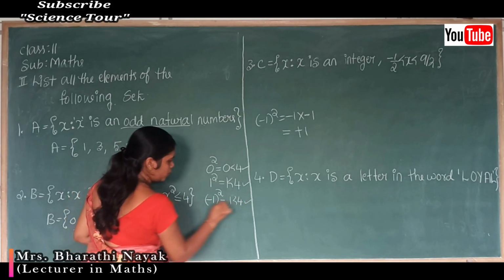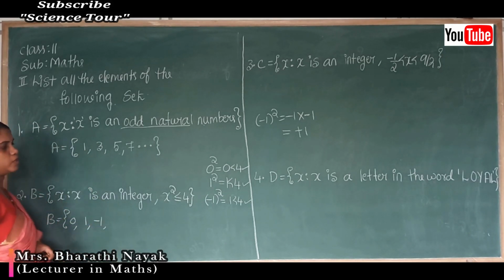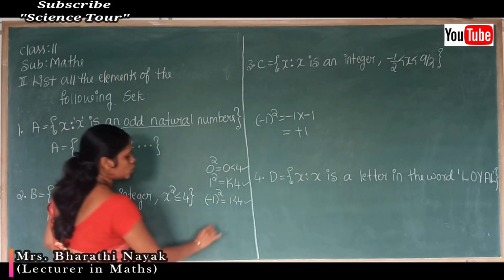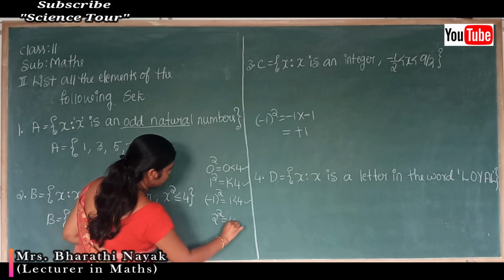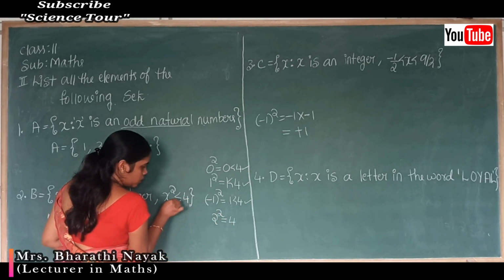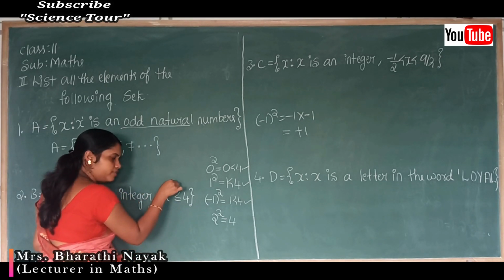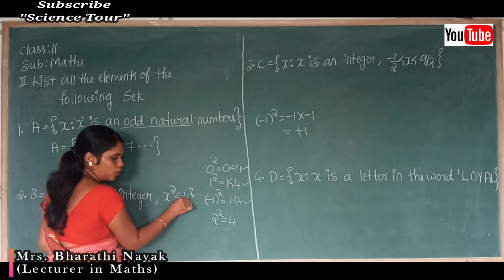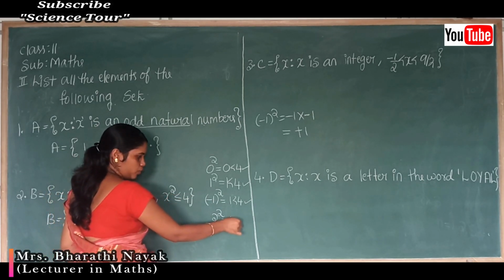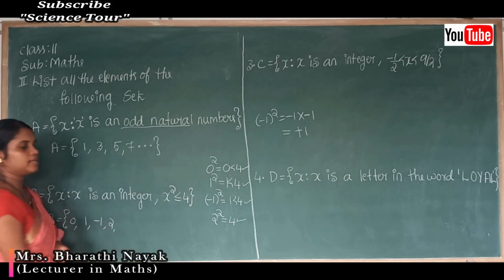Yes, so therefore minus 1 is also possible. Next number I will choose 2. 2 squared equals how much? 4. You have to choose a number in such a way that the square of that number is less than or equal to 4. Here it is equal to 4, so therefore 2 is again possible. I can include that 2.